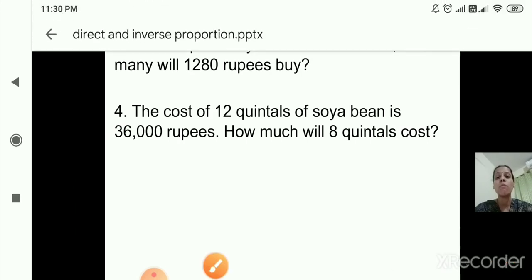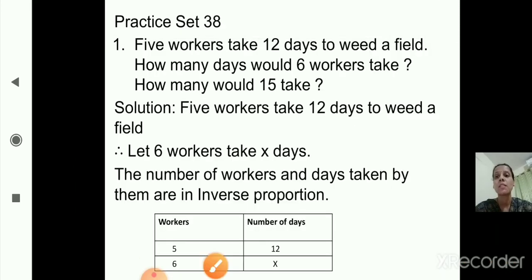Now we'll start with the next part, that is practice set 38. Just now we have completed practice set 37. Now practice set 38 is based on inverse proportion. The sums which we have solved just now, which were given in practice set 37, are all based on direct proportion. Now these sums are based on inverse proportion.